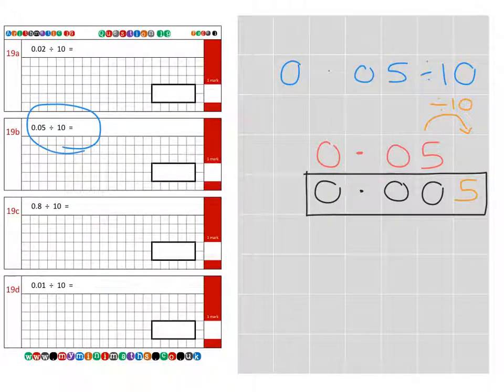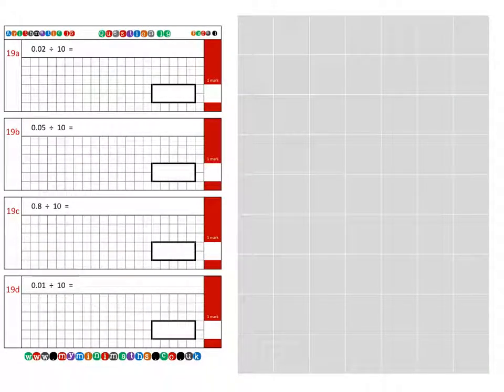0.005. And on to the next question, question 19c, which is asking us to divide 0.8 by 10.